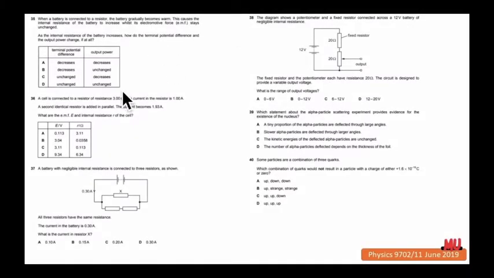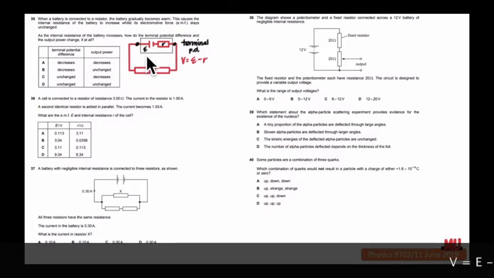For this question, let's draw a circuit diagram using the information given. Here is the battery with internal resistance R and some other components here, say two resistors with PD. The voltage across these 2 points is the terminal PD and is equal to the EMF minus the potential difference across the internal resistance. It says here that the internal resistance R increases, so it takes more energy per charge.